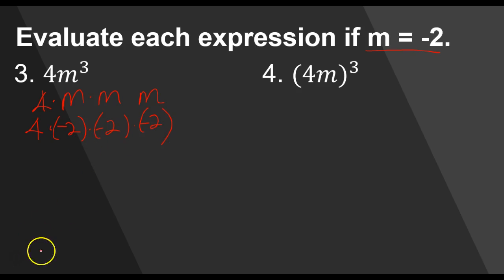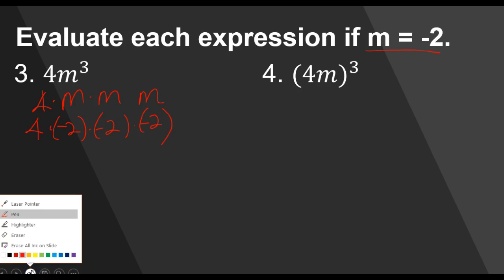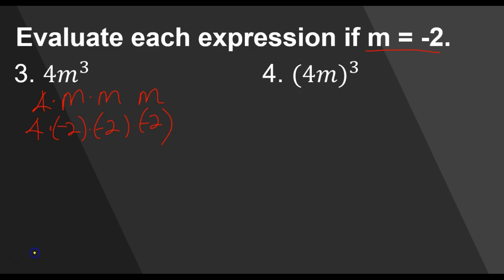Okay, and we need to keep in mind the rule of multiplying integers. When you multiply 2 integers with the same sign, your answer is positive. If you multiply 2 integers with different signs, the answer is negative. So here we have positive 4 times -2, that would be -8.